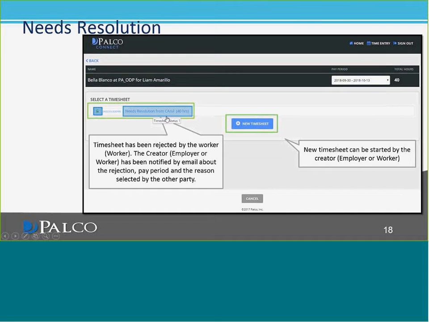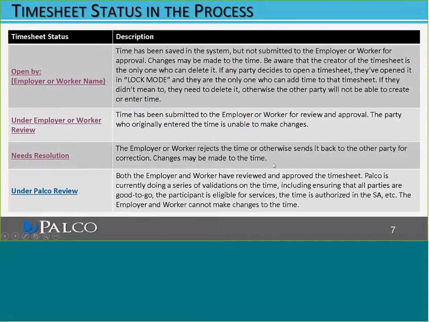Okay, so this tells you that there's a problem with your timesheet and it needs to be fixed. I want to emphasize this: you might need to contact your employer or your worker in order to find out what's going on with your timesheet, why your timesheet has been rejected. Once you have the agreement to fix the timesheet, then you're going to fix it, send it back, and resubmit it.